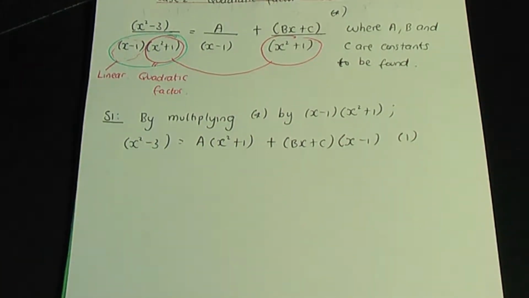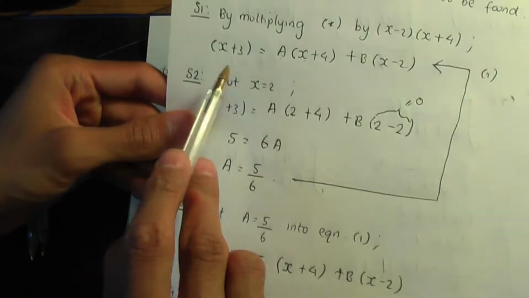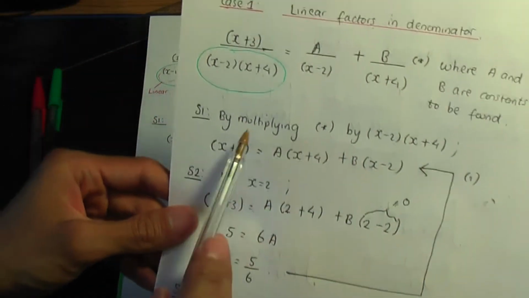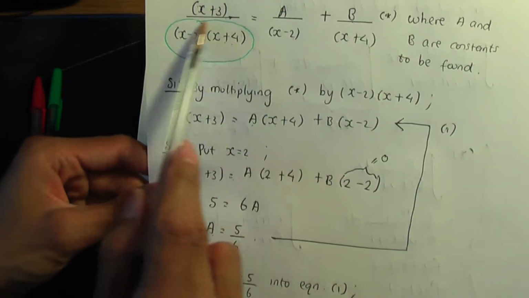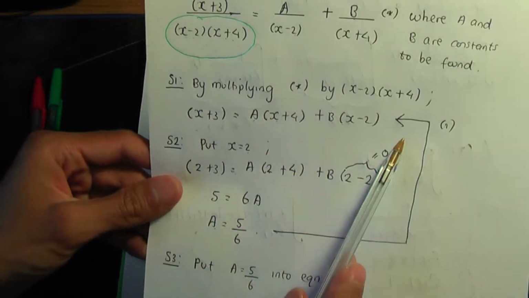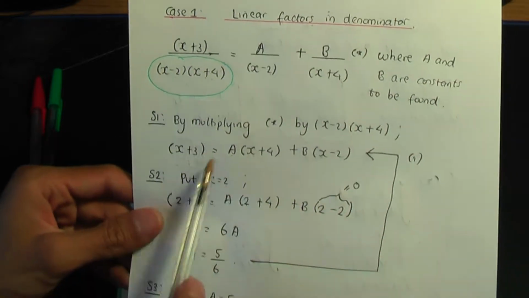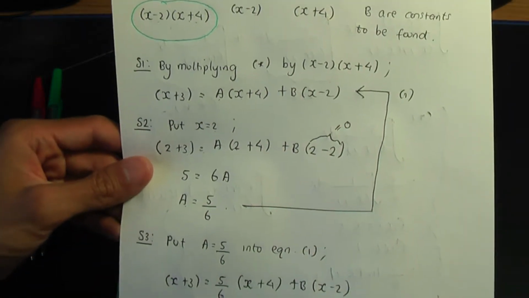This is what I did in case number 1 in the previous video, exactly that step. We multiplied the entire equation by the term appearing in your denominator. So no tricks here, exactly the same step to working out the constants.